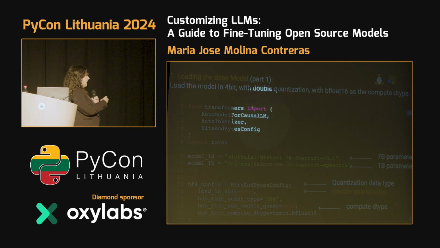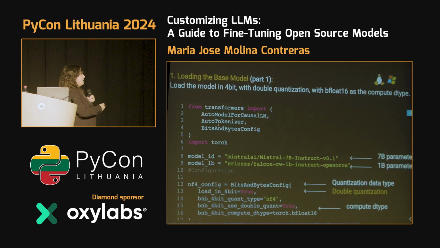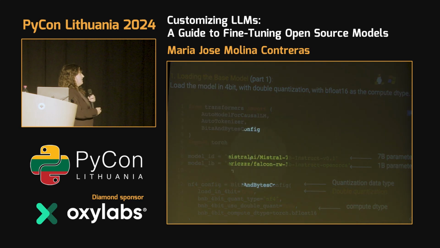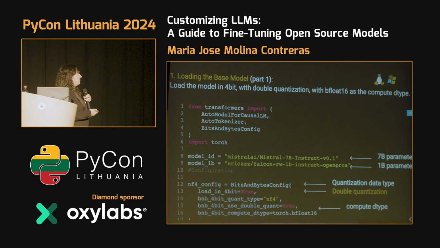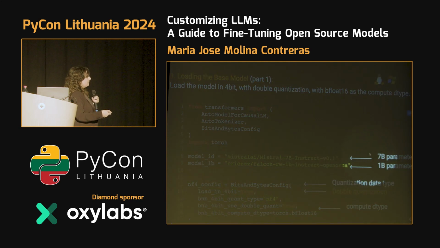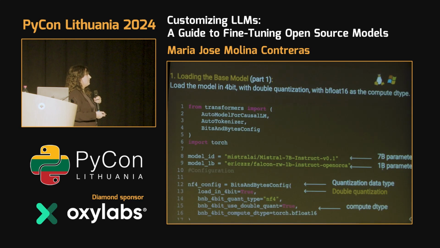In this case, again, we import our libraries. We decide which model we are going to use. As you see in here, I just added two: the 7 billion parameters and the 1 billion parameters. Why? Because my GPU, in the computer that I have at home, is very old.